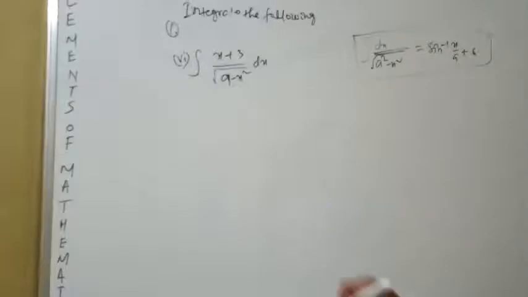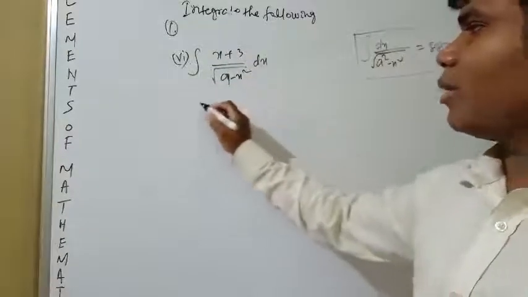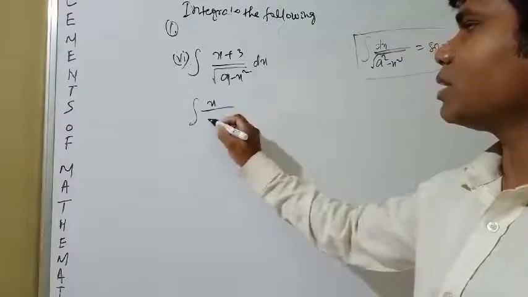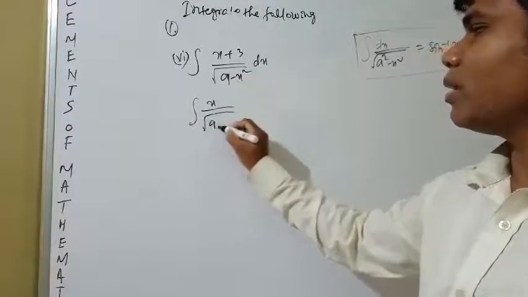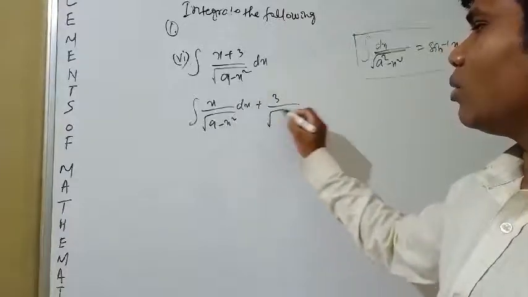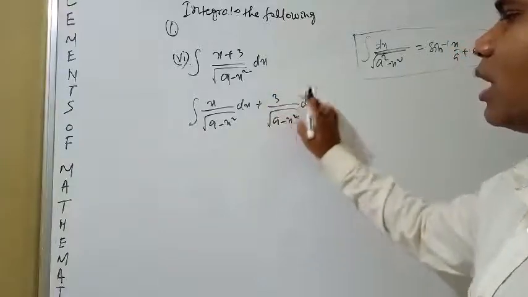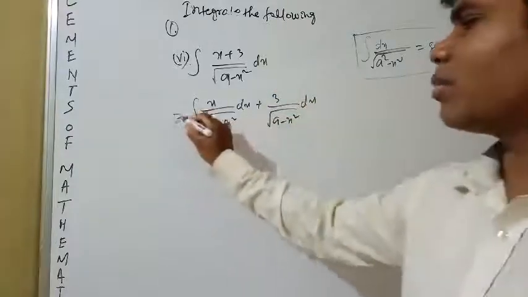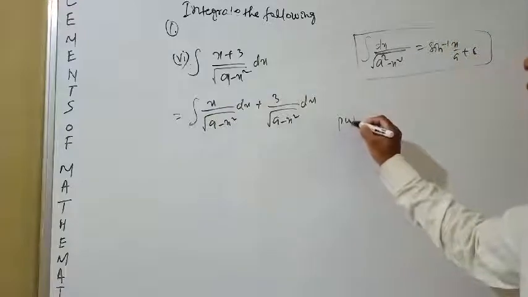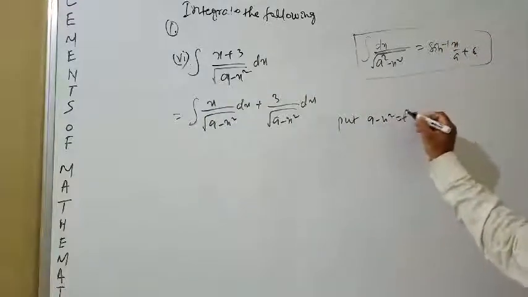Now see the next question: integration of x plus 3 by root over 9 minus x square dx. You separate it first: x by root over 9 minus x square dx plus 3 by root over 9 minus x square dx. The second is in the direct form, the first is not in the direct form. Now you put 9 minus x square is equal to t square.